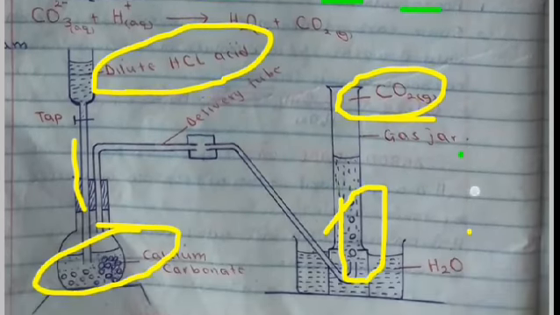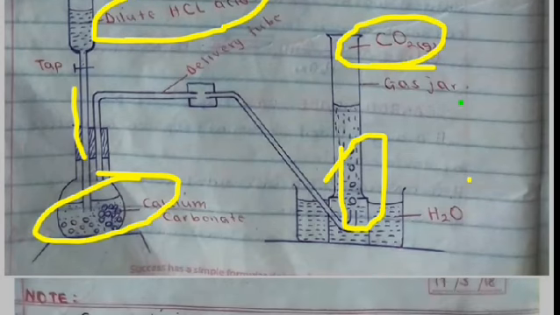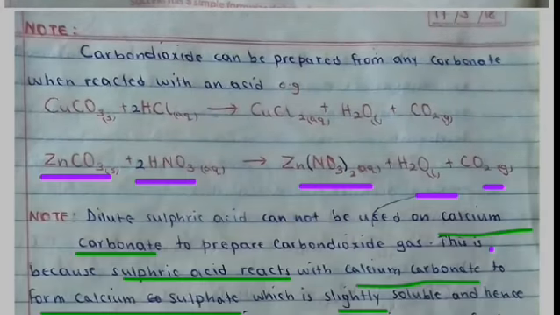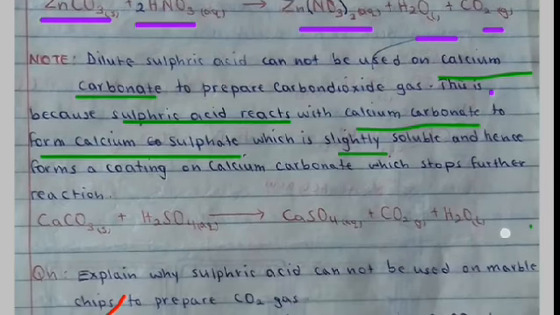We have also seen the diagrams. Hope you have understood. And we have also seen how carbon dioxide can be prepared from other carbonates just by getting any carbonate and adding nitric acid or any other acid. You form carbon dioxide gas, with an exception of sulfuric acid on calcium carbonate, and we have seen the reason.